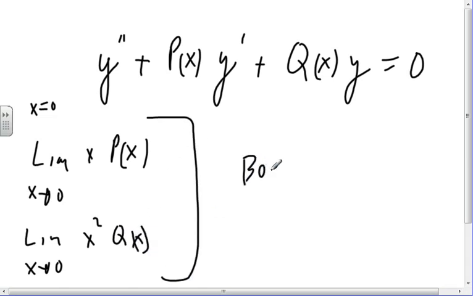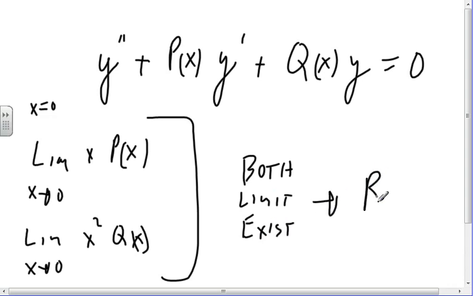If both of these limits exist, then I have a regular singular point.